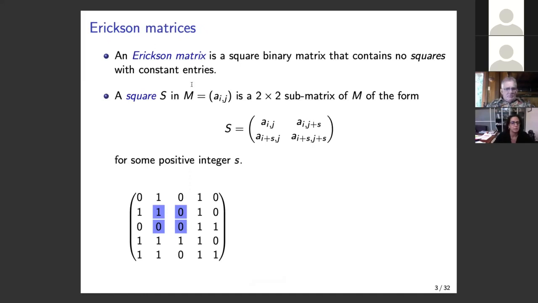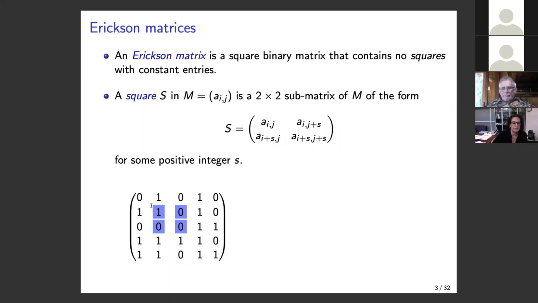So I will start with these 2 definitions. An Ericsson matrix is just a square binary matrix that contains no constant squares. A square is a 2 by 2 submatrix of this form, and it is constant if all its entries have the same value. Here you have an example.